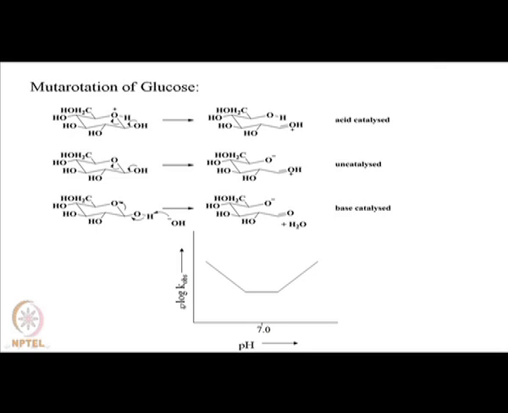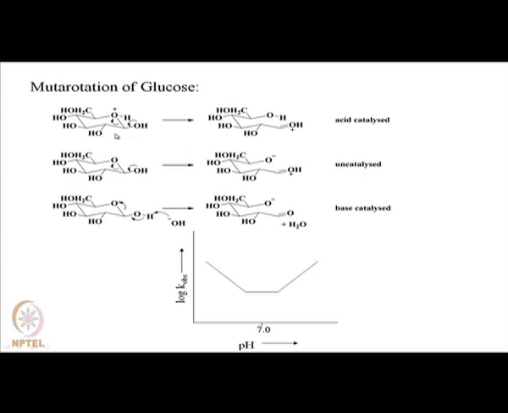If we plot log k observed versus pH, then around neutral pH, not exactly at 7 but around pH 7, the rate is minimum. For some range of pH in the vicinity of 7 it is flat, and then it increases on both sides because of this mechanism.